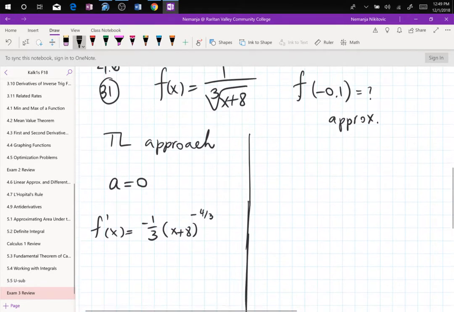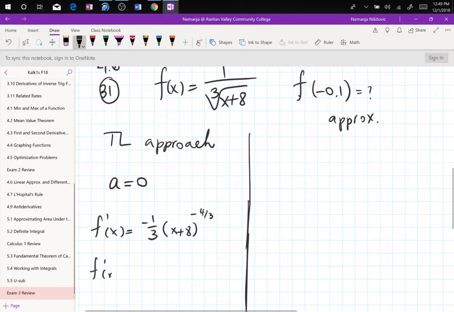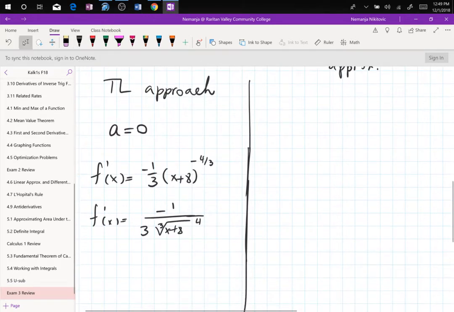And to simplify it, we'll put negative 1 over 3, and then we'll put the cube root of x plus 8, everything raised to the 4th power, because it's negative, that's why it's in the denominator. So now m is equal to f prime of a, and a is 0.